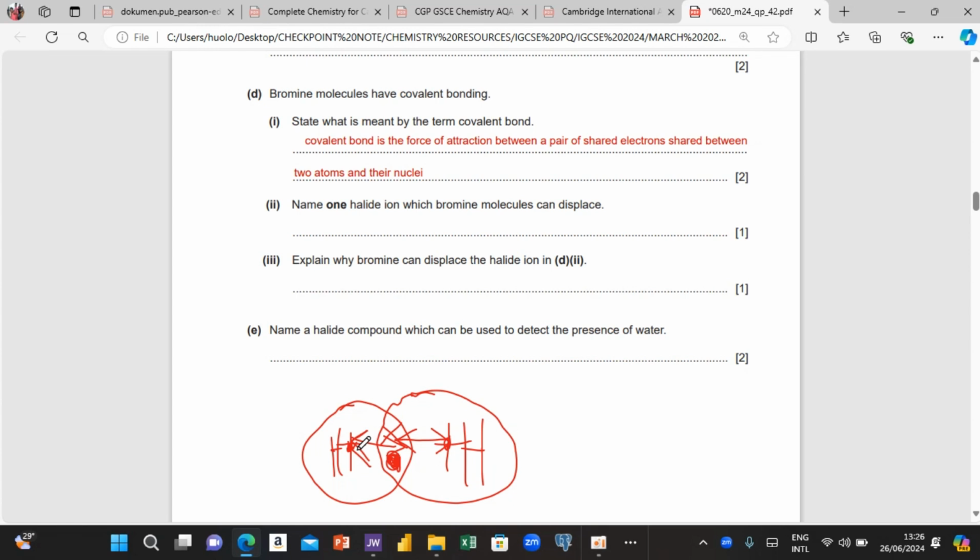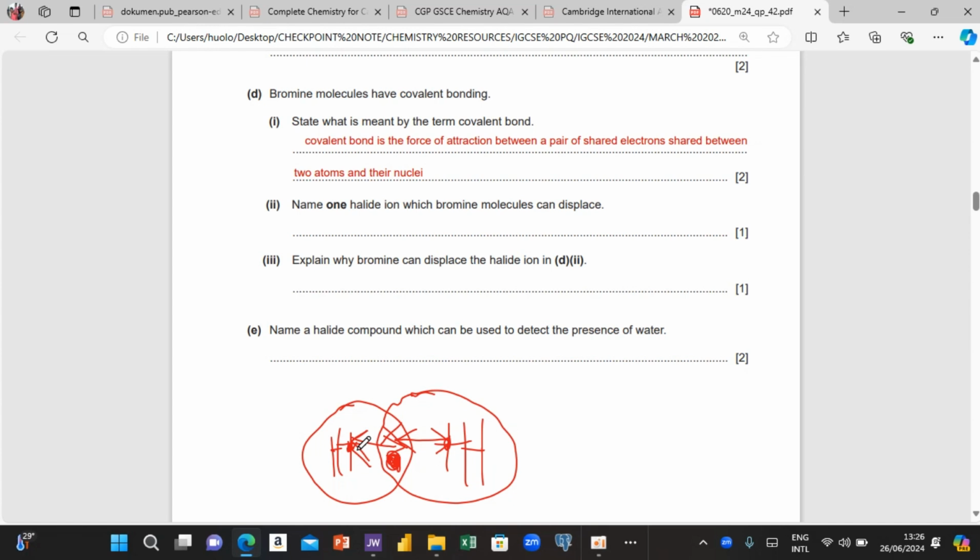Name one halide ion which bromine molecule can displace. I told you that the halogens get less reactive as you go down the group. So the most reactive halogen is fluorine, followed by chlorine, bromine, iodine, astatine, and tennessine.